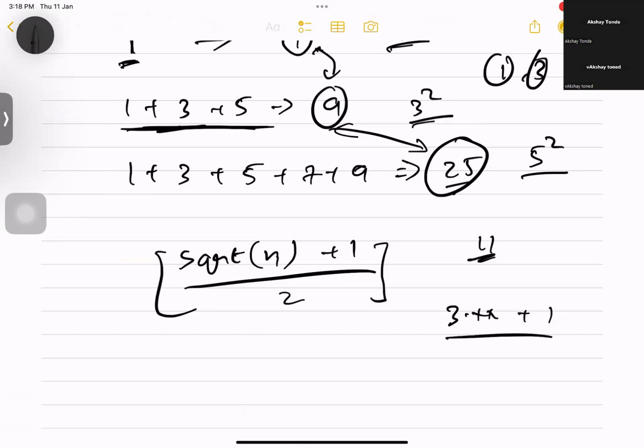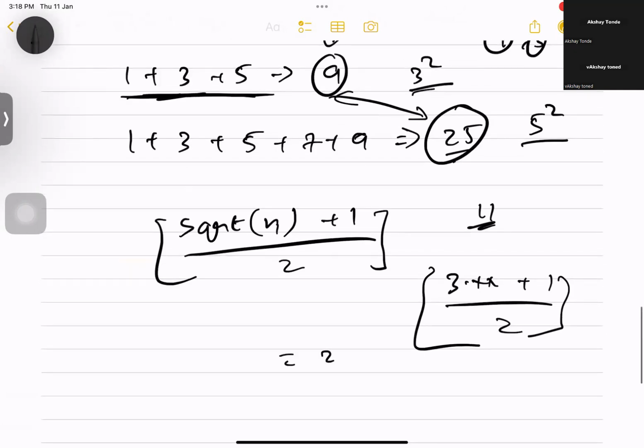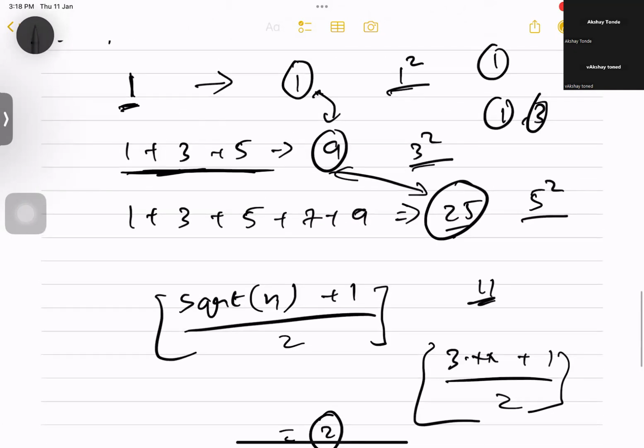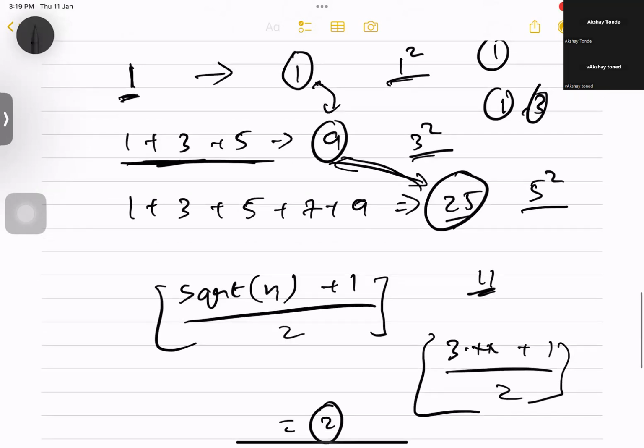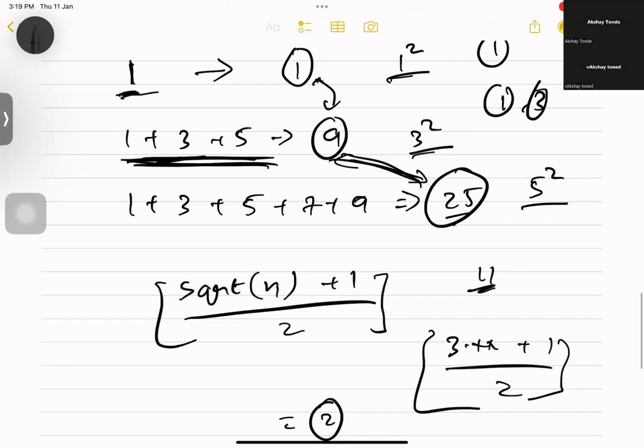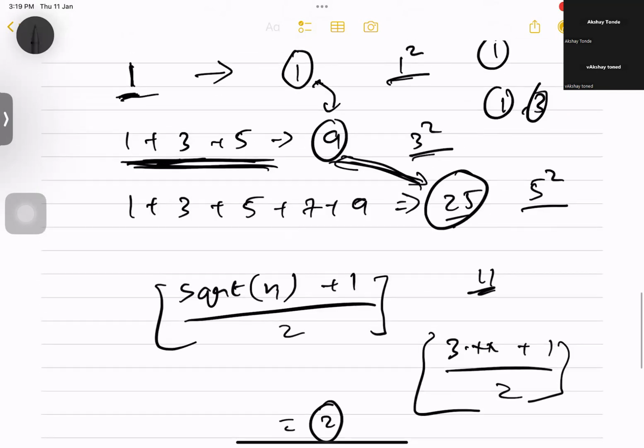Plus 1 by 2. We take floor division, which will basically result in 2, right? And we know from here that 11 lies between 9 and 25, right? So for that, we'll have two different sizes, size of 3 and size of 1, right? So this is how we solve this question.